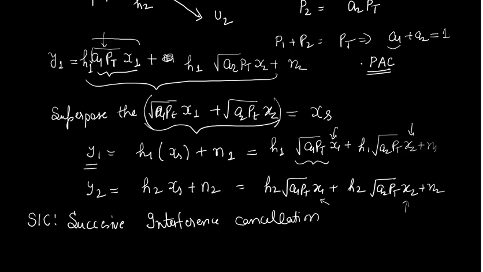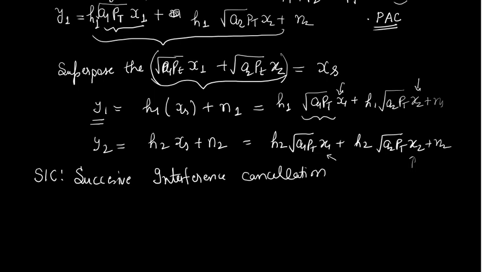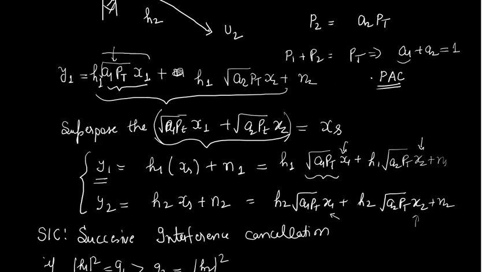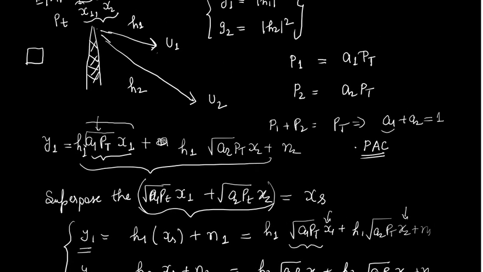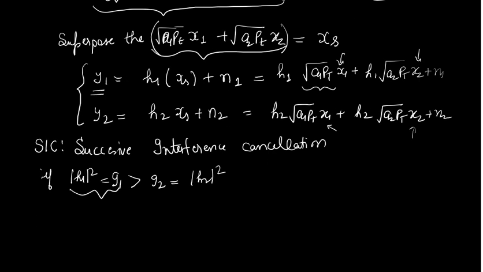But what would happen, since user 1 has a higher channel gain? In general, if U1 is closer to the base station, the channel gain will be higher, because channel gain is inversely proportional to 1 upon d to the power some path loss exponent.